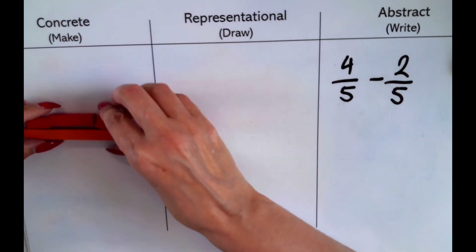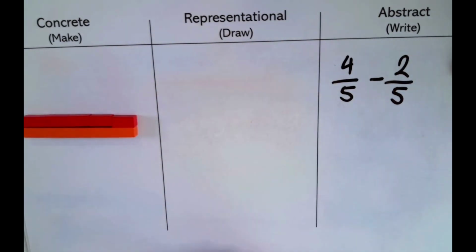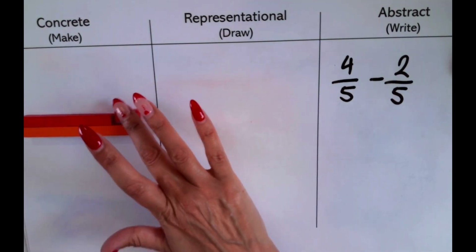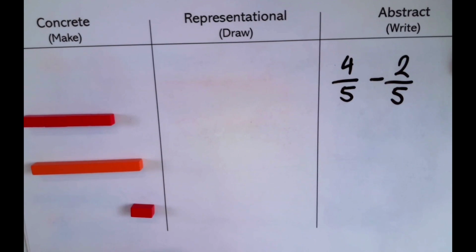So before they start doing the subtraction, students need to establish what is 1/5, and then what is 4/5. We know that if this is 5/5, that's a whole, then 4/5 will look like that. So I now have 4/5 of my 1 whole, which is represented by my orange rod.